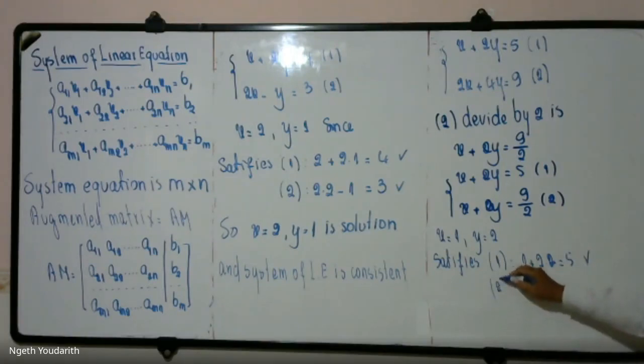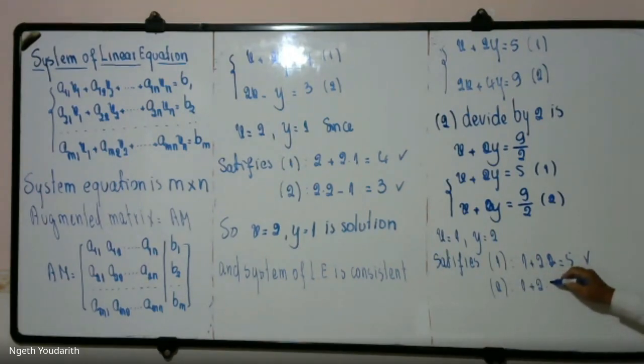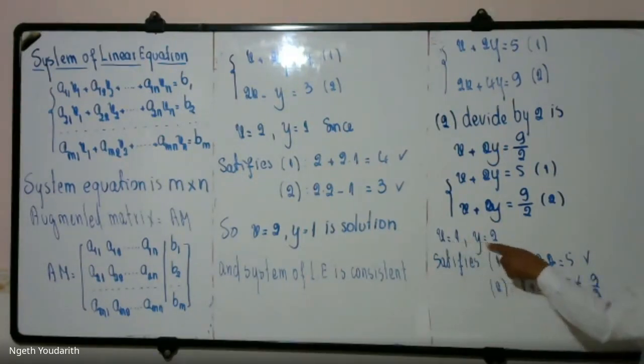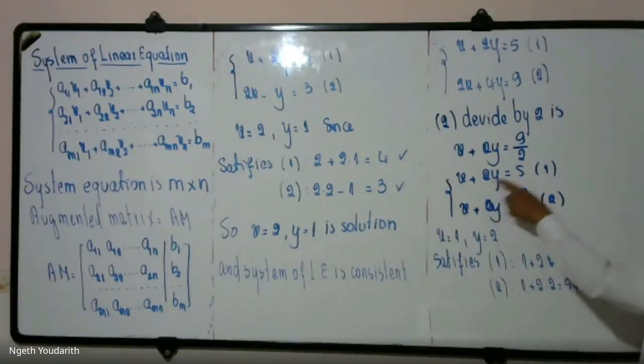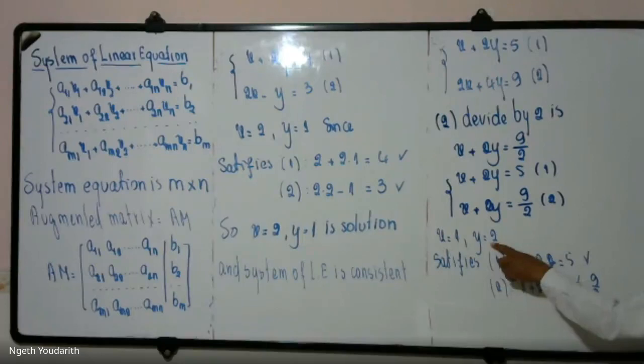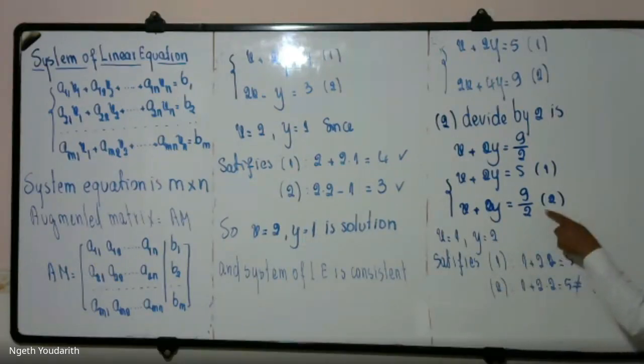But equation 2 is 1 plus 2 multiplied by 2 equals 5, which is opposite to the result 9 over 2. So x equals 1 and y equals 2 is the solution of equation 1, but it is not a solution of equation 2.